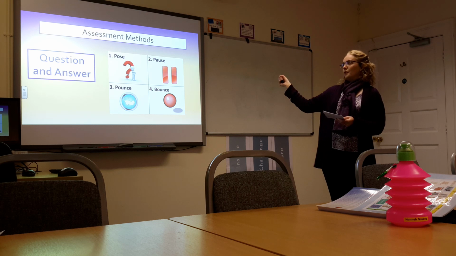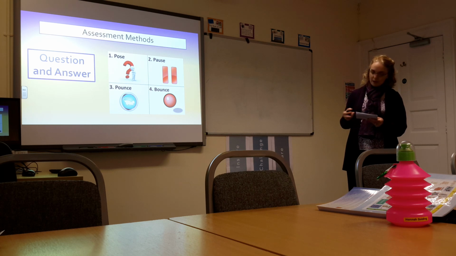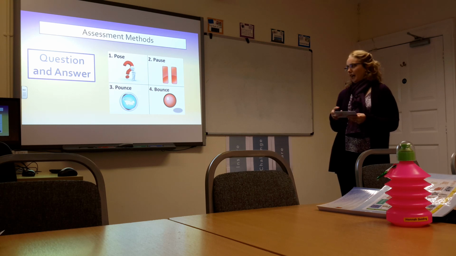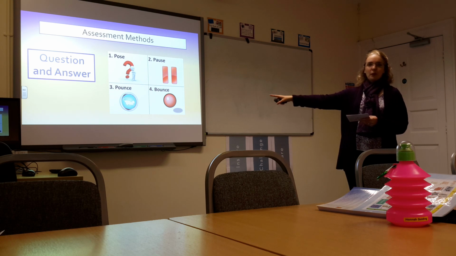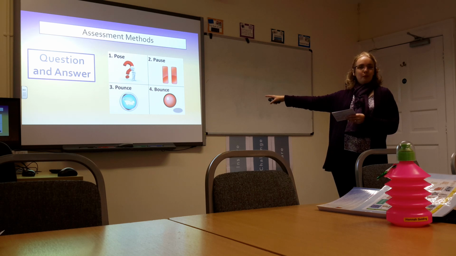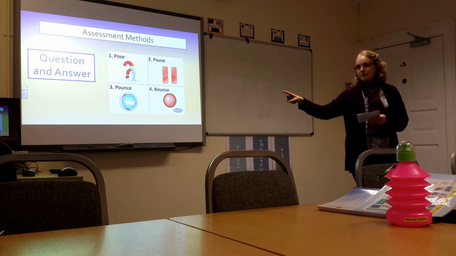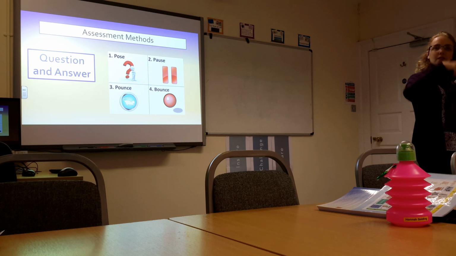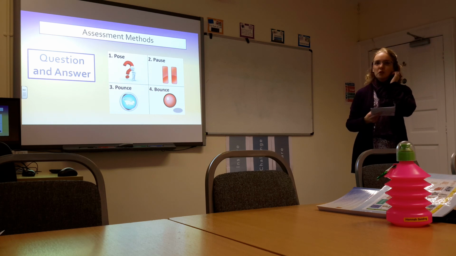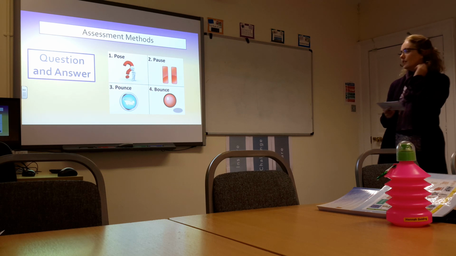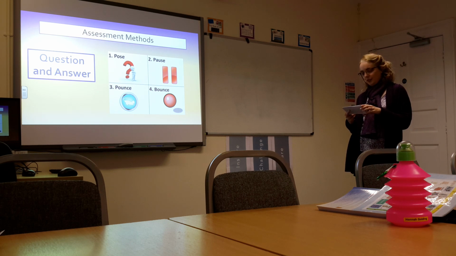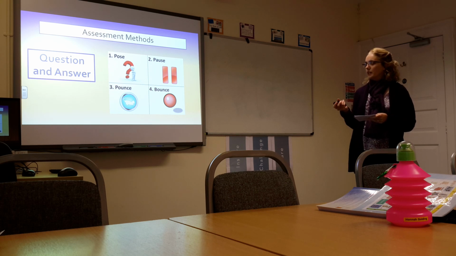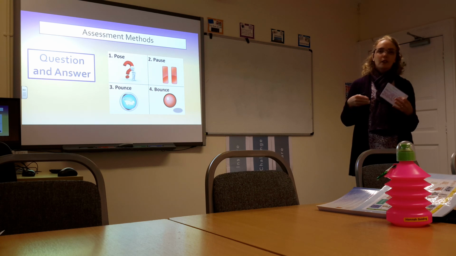I try to use the pose, pause, pounce, bounce method, but I think sometimes I get stuck on number 3 and don't always bounce. Or maybe don't bounce enough, because you're always pushed for time and you've got so much you wanted to achieve. Something I want to try and do is plan what I'm going to ask more.